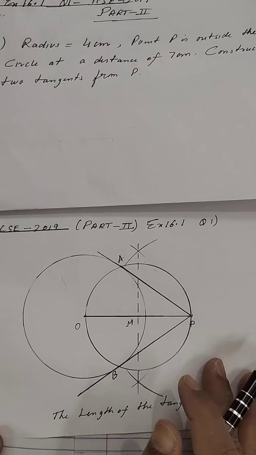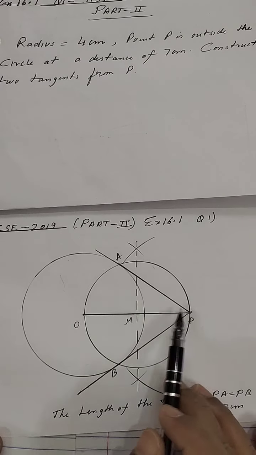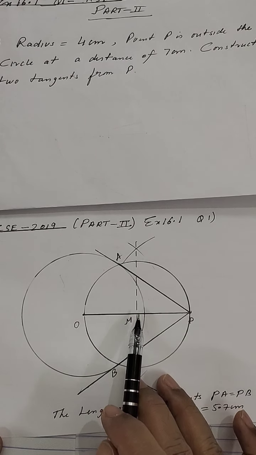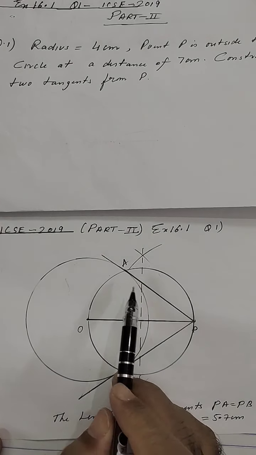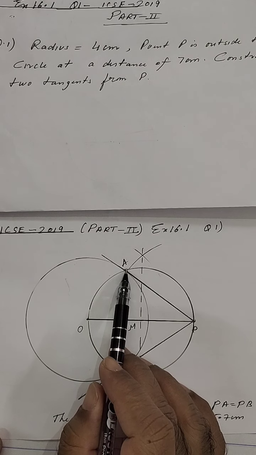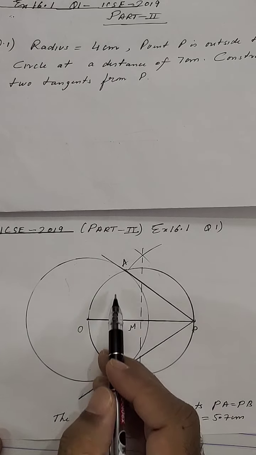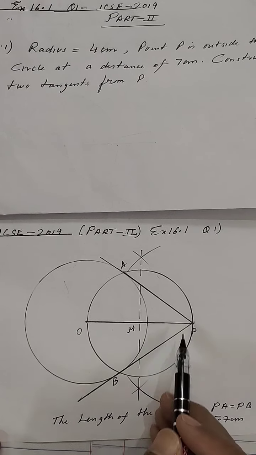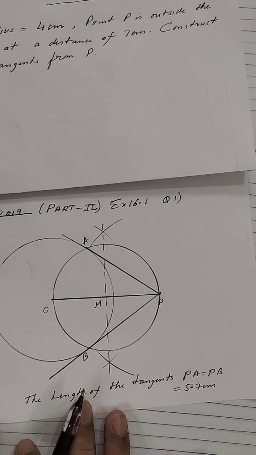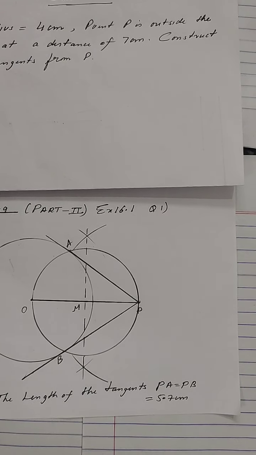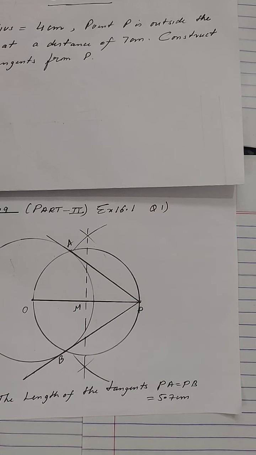A line segment has fixed length. From there we take the perpendicular bisector, we get a point M, and with M as center we draw the second circle. Where the second circle touches the first circle, those 2 points we mark as A and B, and we join PA and PB. These two are equal tangents, and finally you measure it and we get 5.7 centimeters.